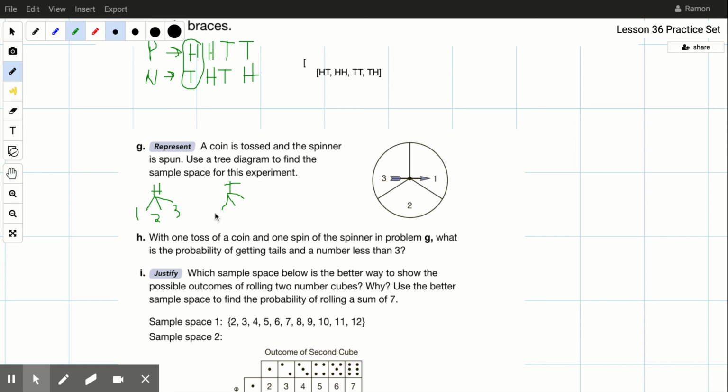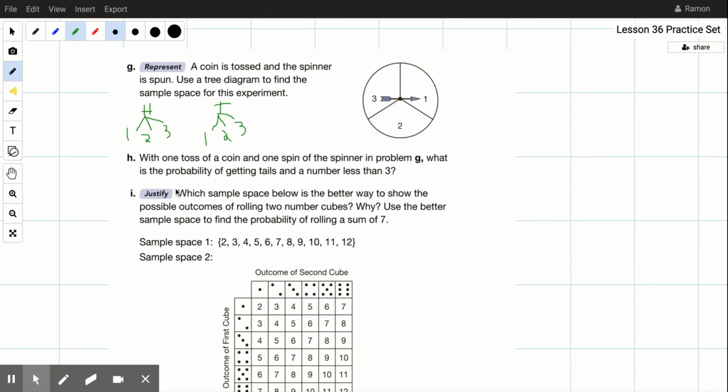If I flip tails, then I could land on 1, 2, and then 3. So our sample space would be all the possible outcomes: H1, H2, H3, T1, T2, T3. So we have a total of 6 outcomes that could possibly take place.